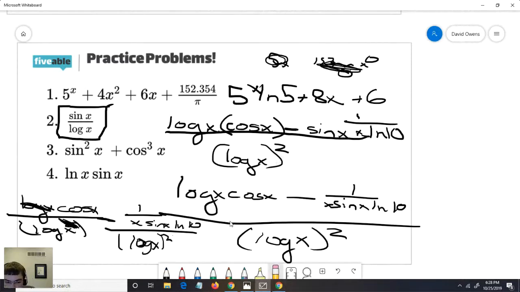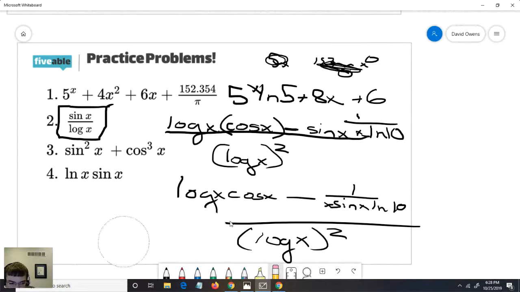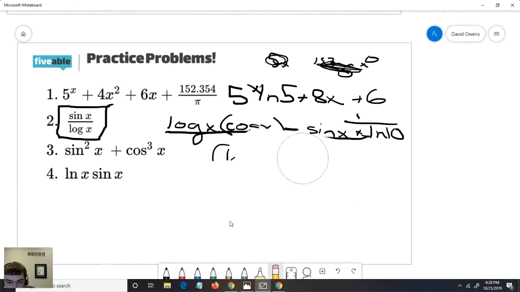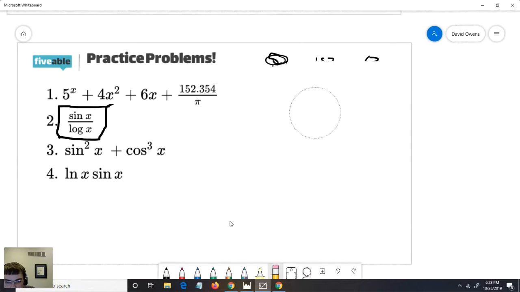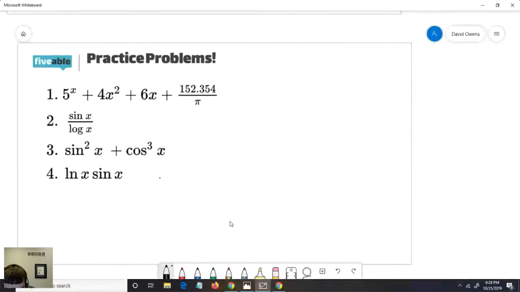So moving on to our next problem, we can see we have ln of x sine x, and this will be a product rule. So what we're going to have is the first times the derivative of the second, and to that we'll add the second times the derivative of the first.